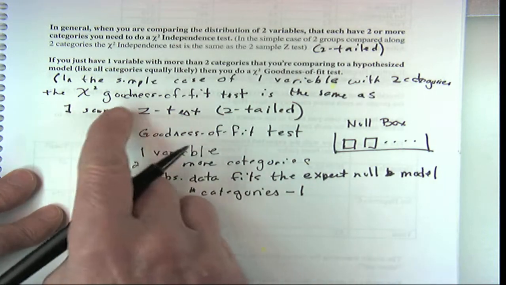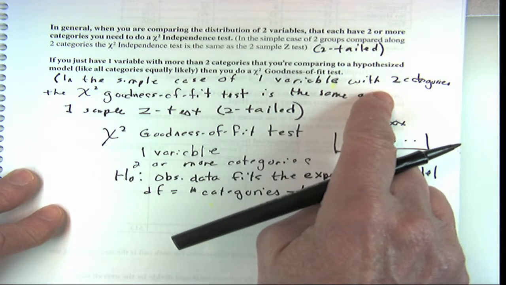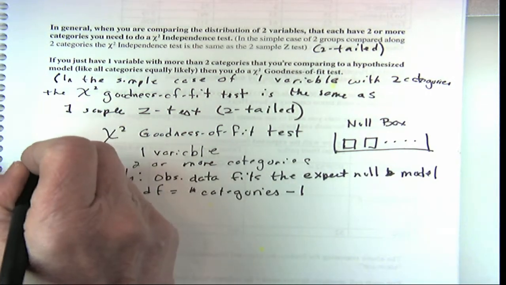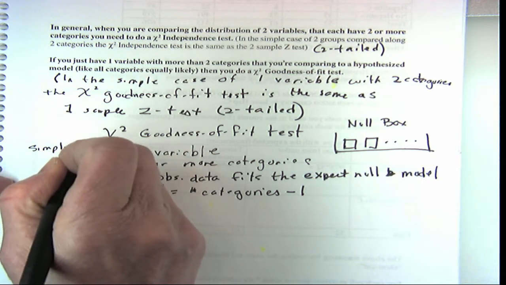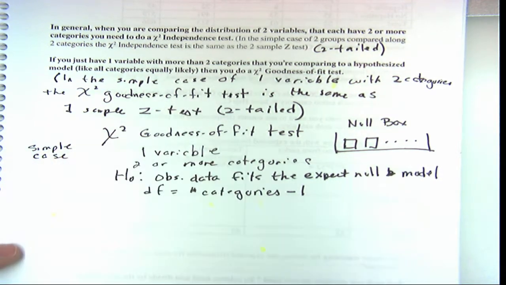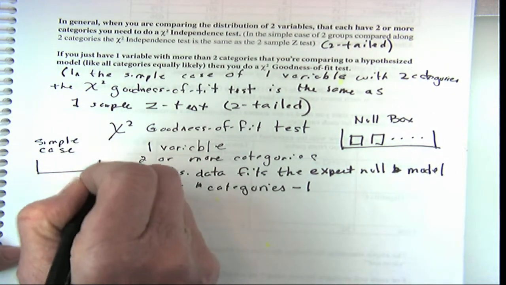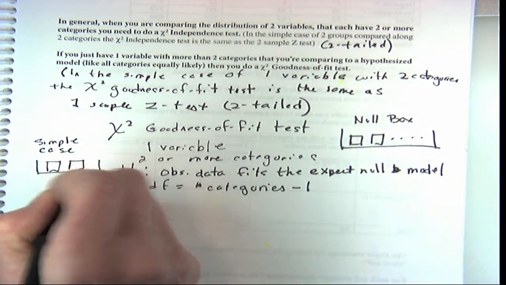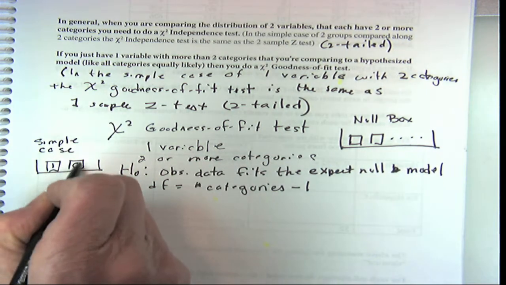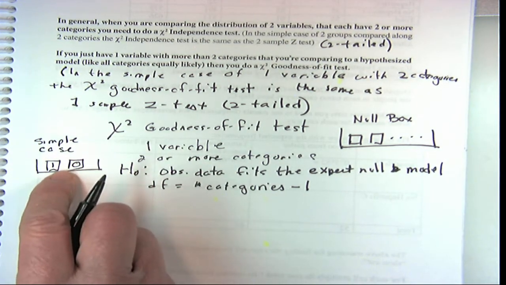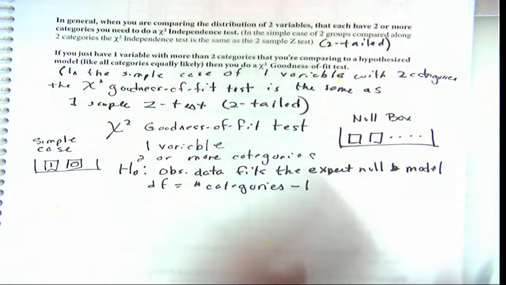Now, what do I say here? In the simple case of just one variable with 2 categories, we can put the ones and zeros. So we can actually get a number here, a percentage, rather than summing up a whole bunch of differences.